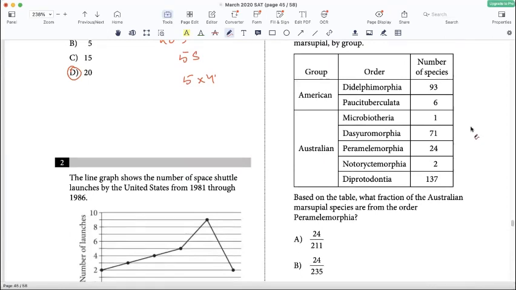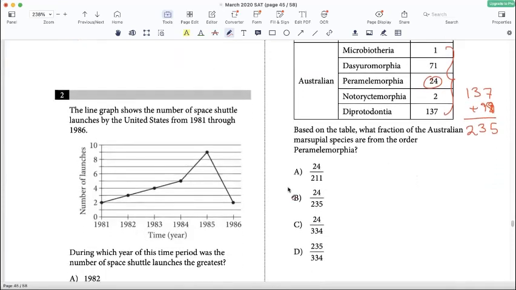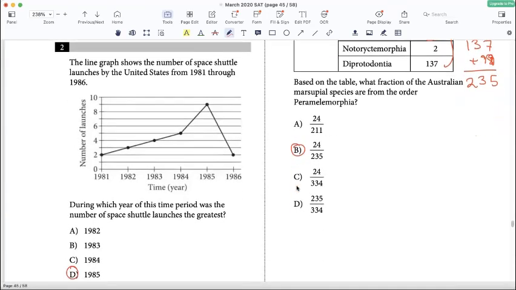So the total number of Australian marsupial species is 72, 96, 98, and 137 plus 98, carry 1, 235. So the total number of Australian marsupial species is 235, of which Paramelemorphia is 24. So the answer is 24 divided by 235, option B.